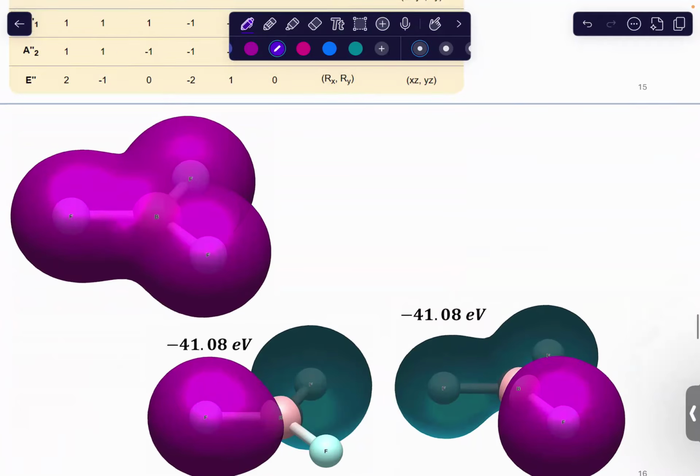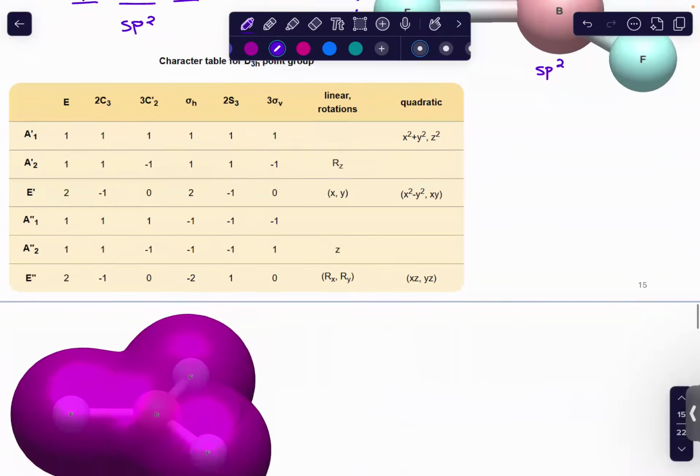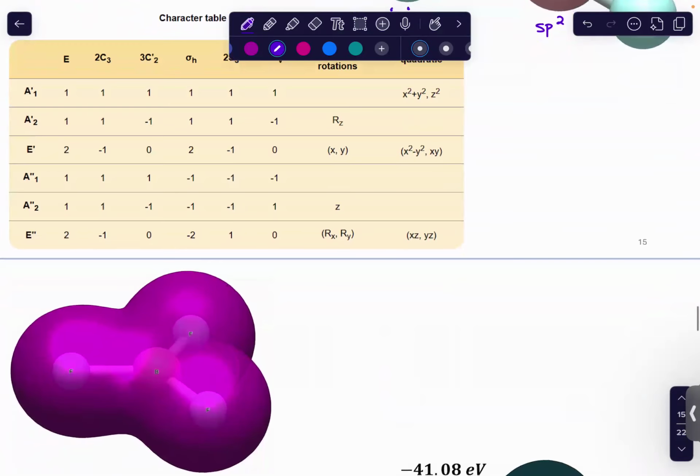What do you think for symmetry? First off, what's its principal rotation axis? C3. Is it symmetric or anti-symmetric with respect to that axis? Wait, is it anti-symmetric?